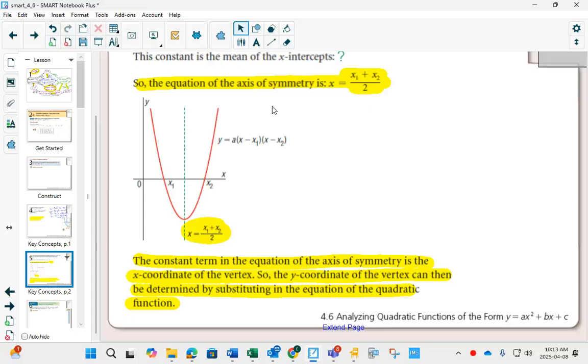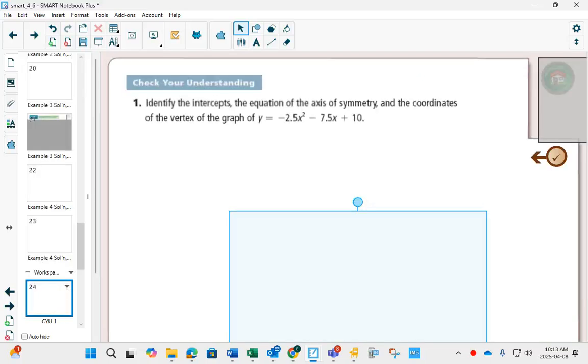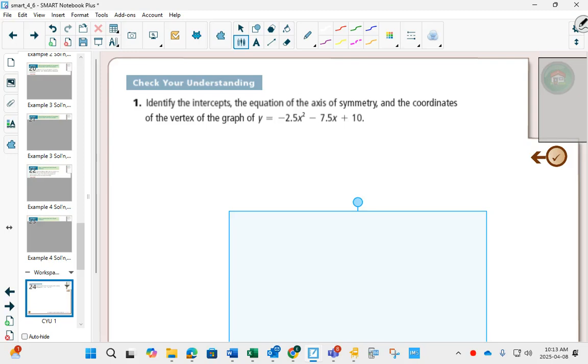So let's go to example 1. Identify the intercepts, the equation of the axis of symmetry, and the coordinates of the vertex of this equation. Okay?